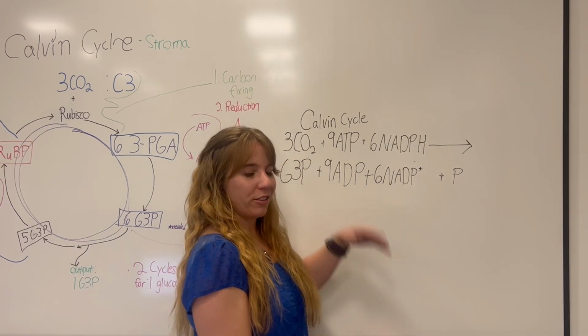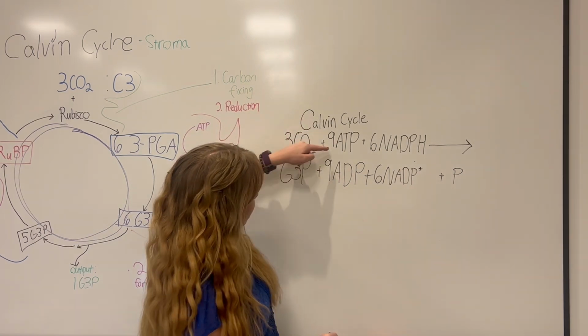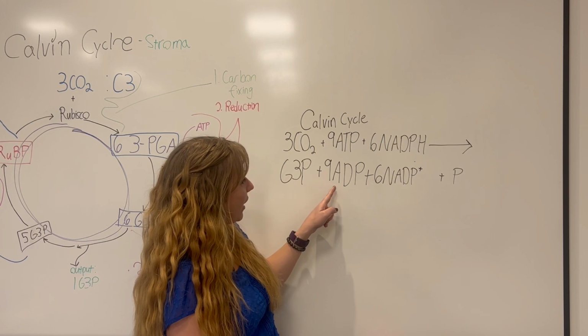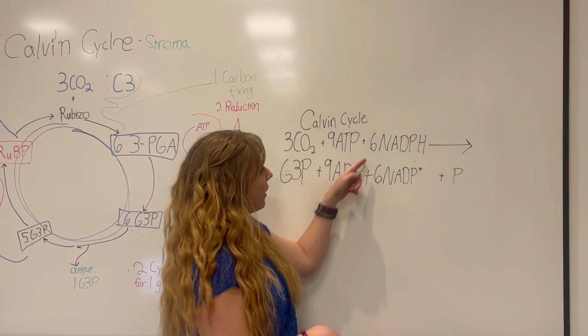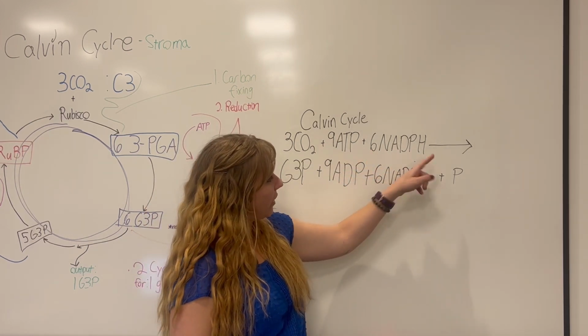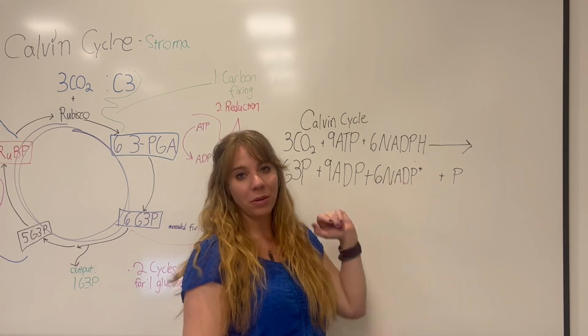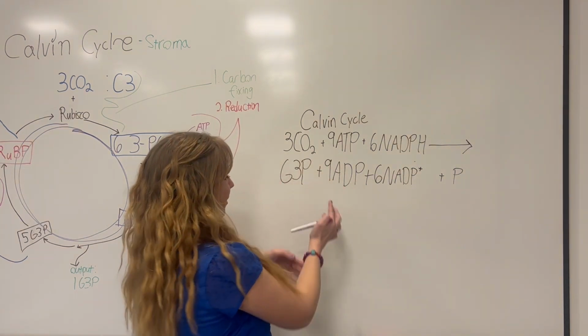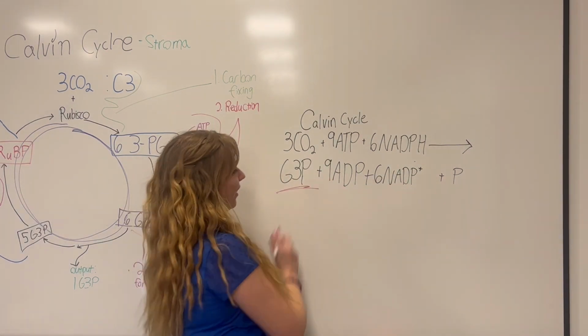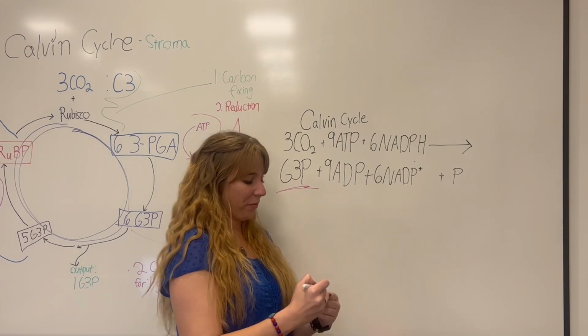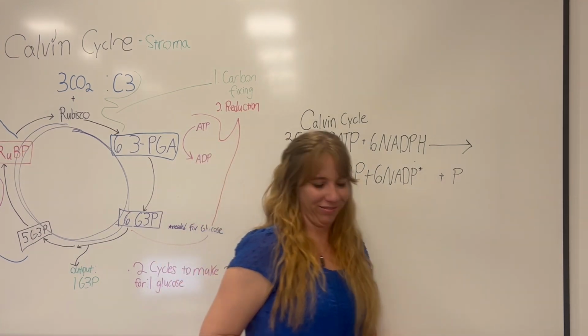But what's cool about this is you can look down. So we have 9 ATP turns into 9 ADP, because we used it. And then again, 6 NADPH into 6 NADP positive. And then this is what we really want. There it is, yay. So, cool beans, moving on.